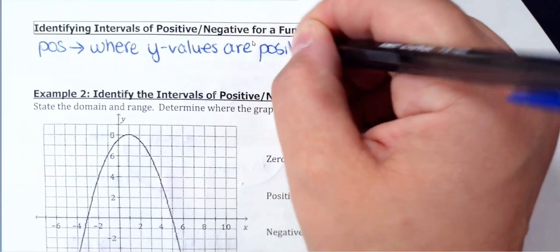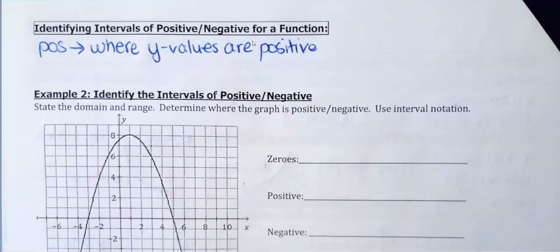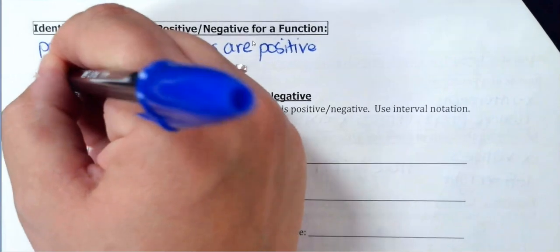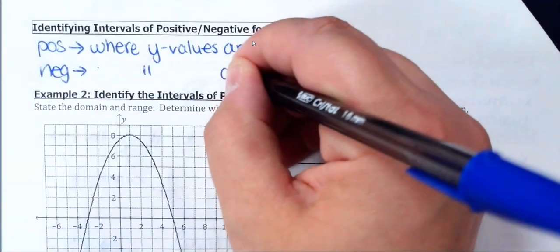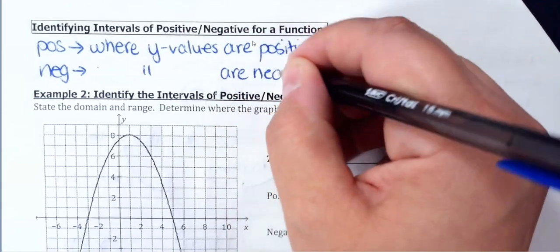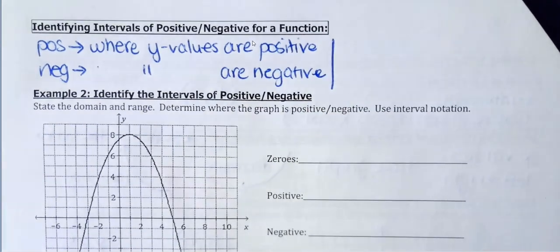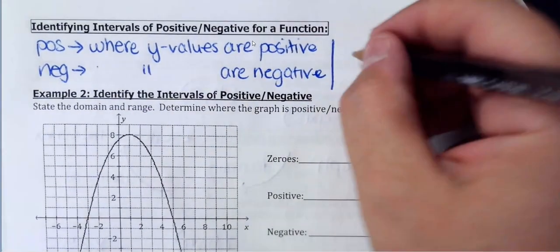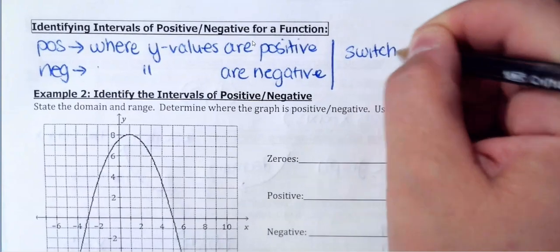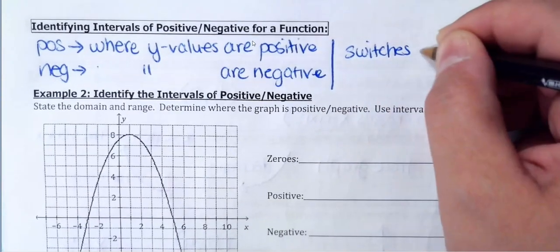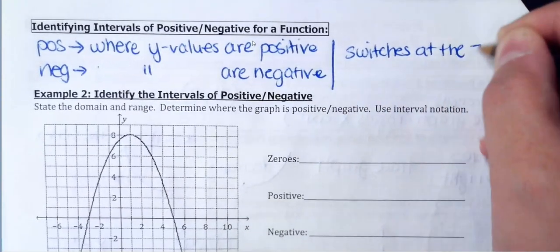If you're talking about a negative interval, it's where your Y values are negative. Now, increasing and decreasing switches at the vertex. These intervals switch at the zeros.